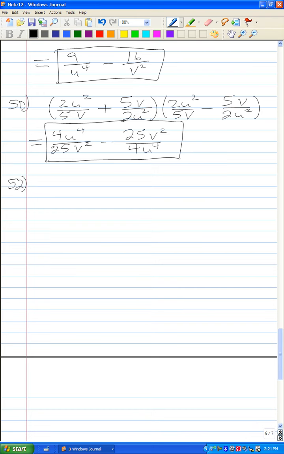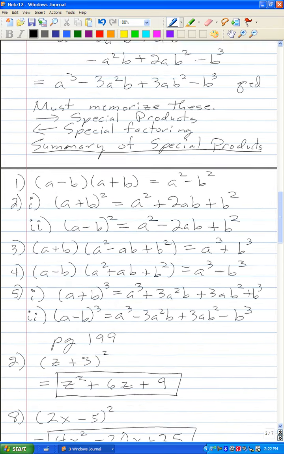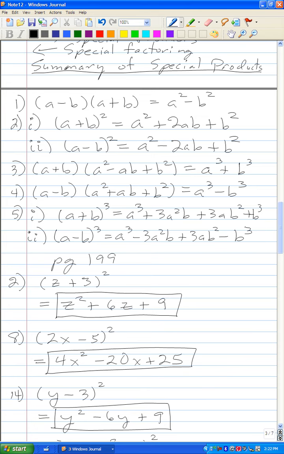In exercises 51 through 60, expand cubes of binomials. So, 2x plus 2 cubed. So this is the same as, well, I'm going to have to use this formula.